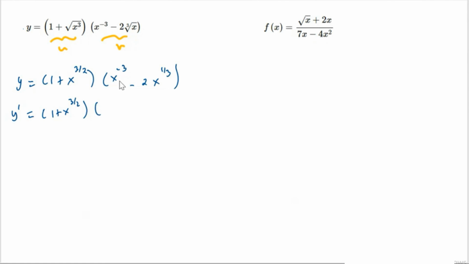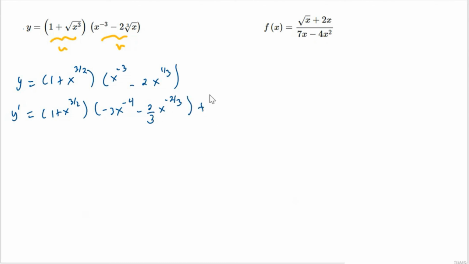We have the derivative of x to the power of negative 3 is negative 3x to the power of negative 4, minus 2 times 1/3 is negative 2/3 of x raised to negative 2/3, because 1/3 minus 1, so 1 minus 3 is negative 2. So I change that one into fractional exponent. That's why it becomes negative 2/3.